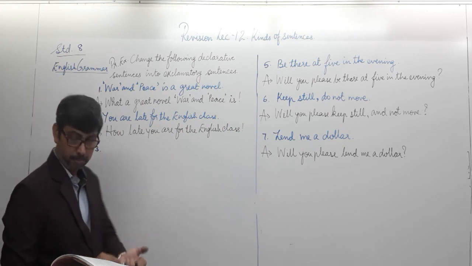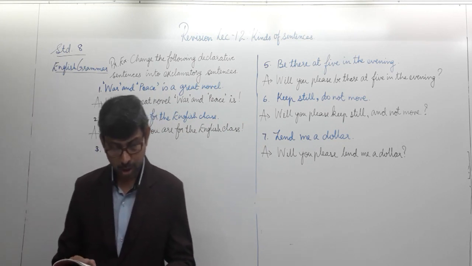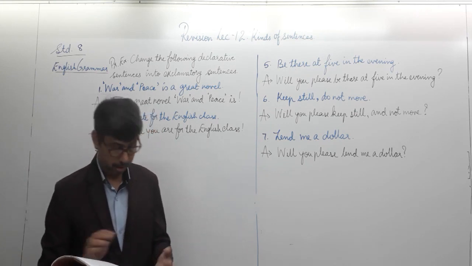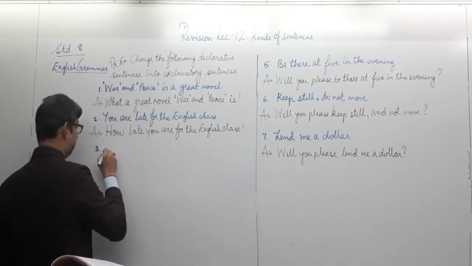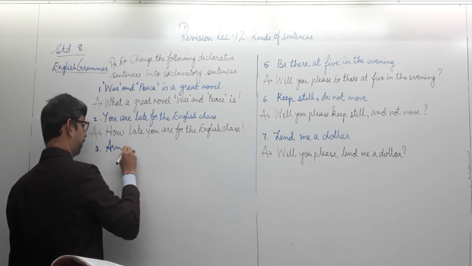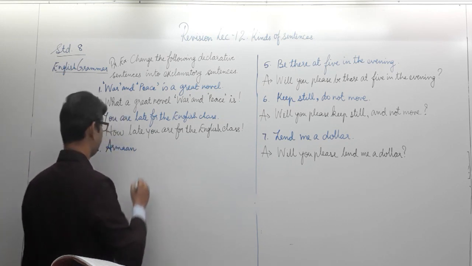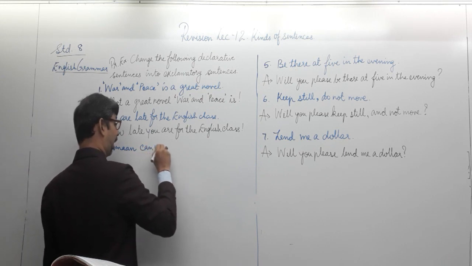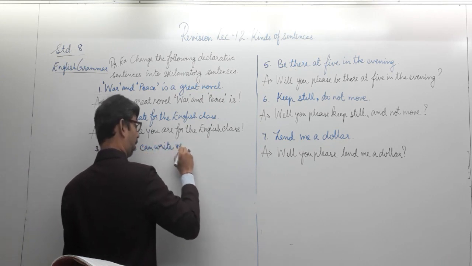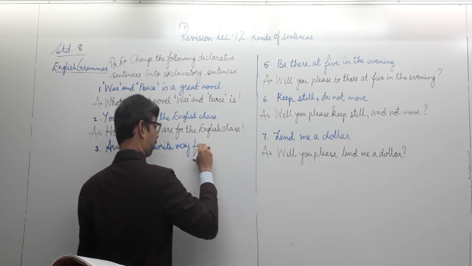Next one, number 3. Arman can write very fast. Simple declarative sentence, a usual one. Arman can write very fast.